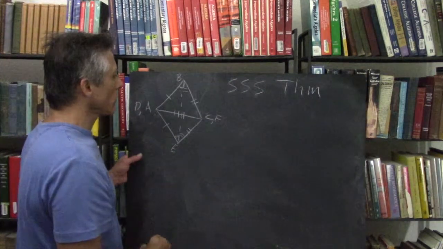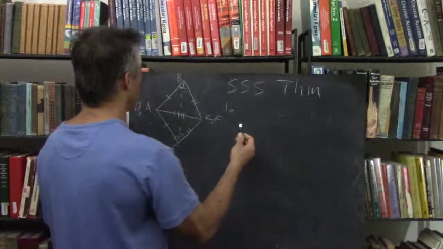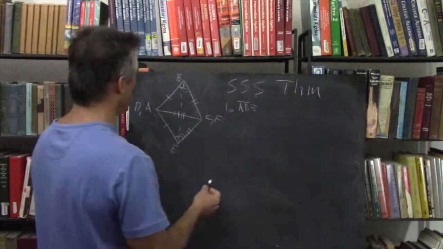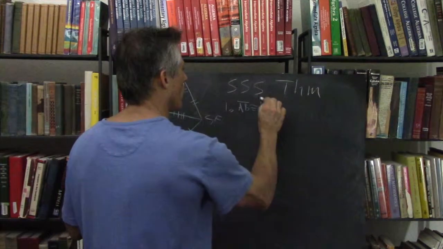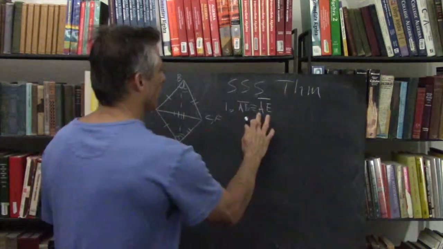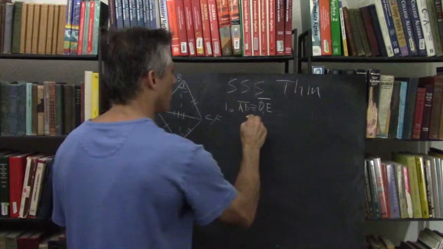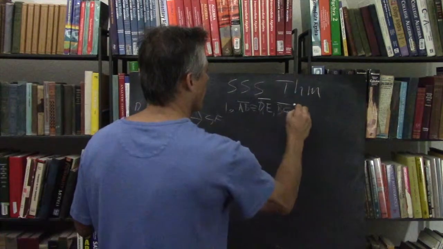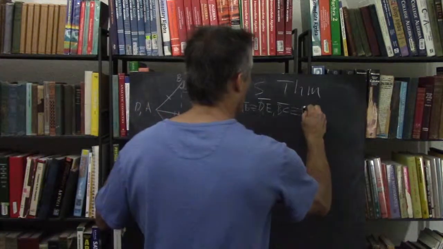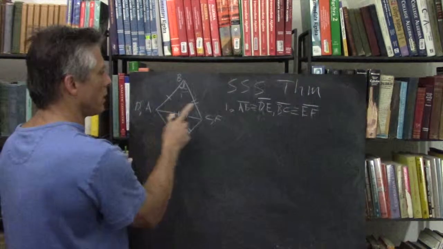Okay? So let's go ahead and write that down. So, one, our given, we know AB is congruent to DE, and BC is congruent to EF, and AC and DF are congruent.